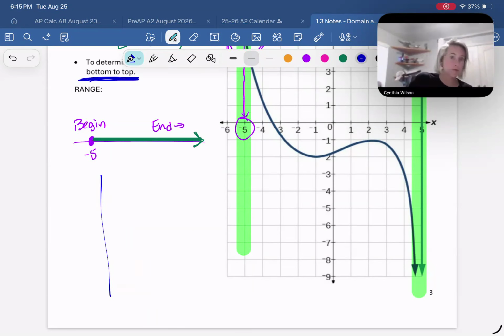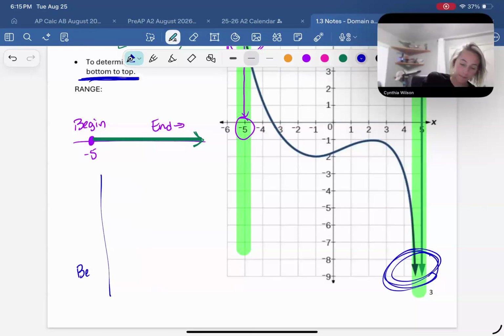So I'm going to start at the bottom. What do we see at the bottom? Yeah, we have that other arrow. All right, so I'm beginning with a down arrow.